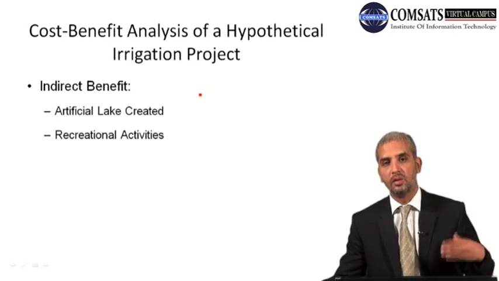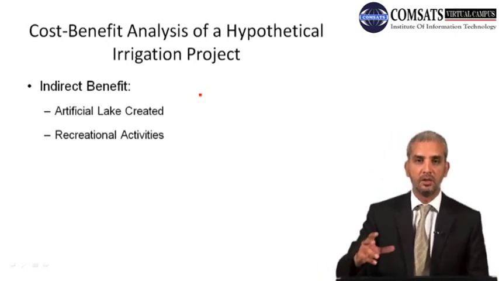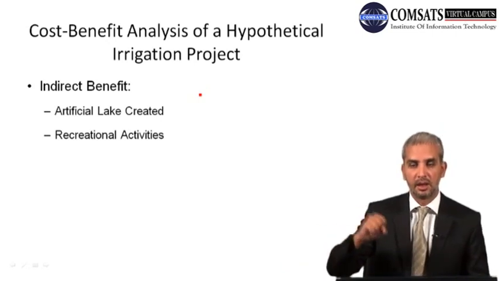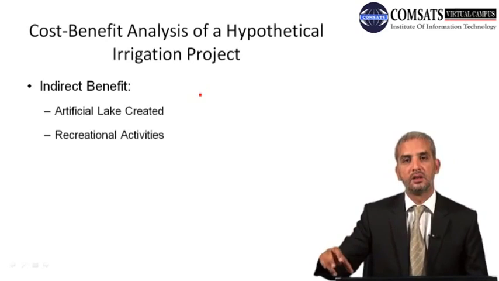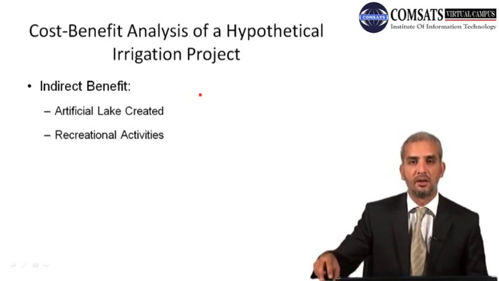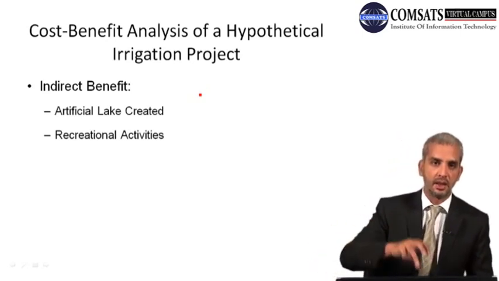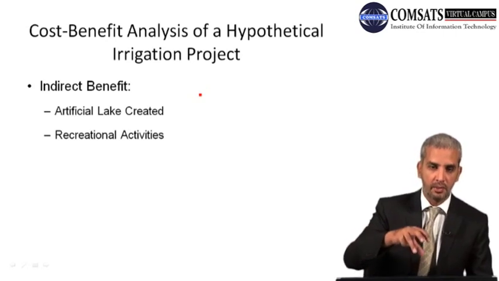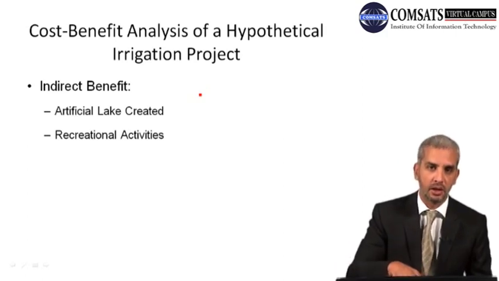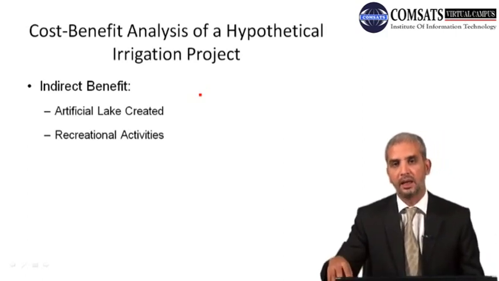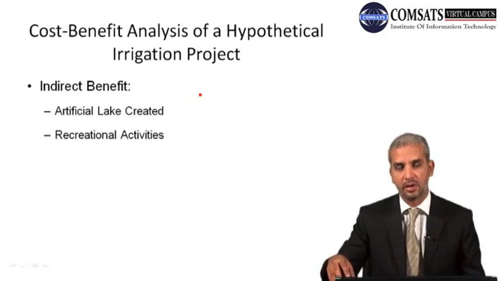Because what we need to do over here is see the opportunity cost of those funds that the government has taken from the economy, because those funds and resources could have been utilized by the private sector. So we need to see whether there would be higher net benefits when the government uses those funds, or maybe when the private sector uses those funds.